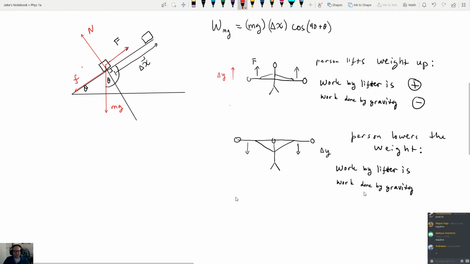So we have to think about the direction of the force the person's putting on this. So when this person lowers the weight, what direction is the force that the person places on the barbell? Is it down or up? So you're saying that the force that the person places on the barbell is downwards when they pull down like this?